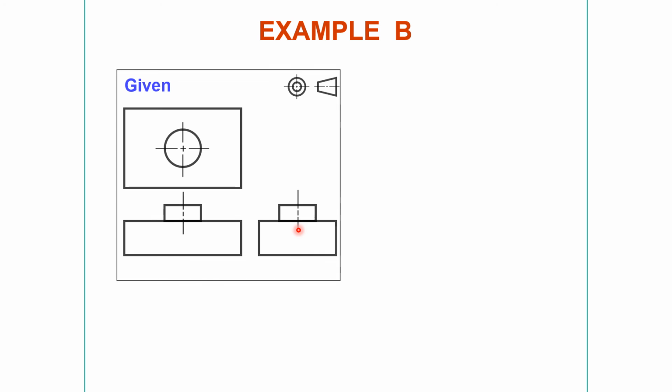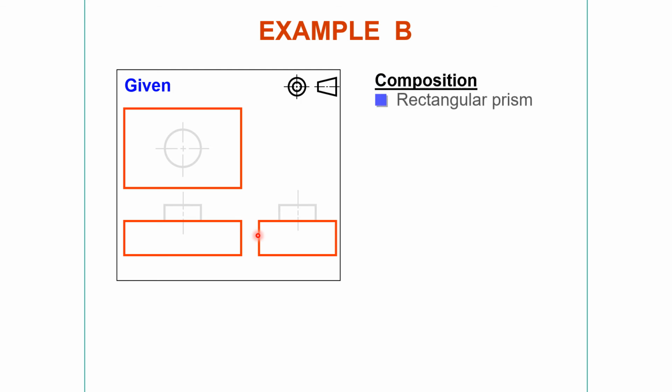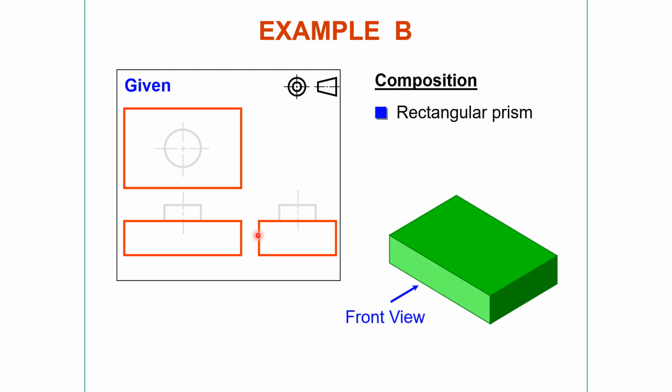Now example B, with top view, front view and side view. You can see there is a circle present, but it is not hollow or passing through the object; it is present on the surface of the object. First of all, a rectangular prism. Now there is a circular object. When you see from the right side, it will appear on the upper side. When you see from the front side, it will again appear on the upper side.